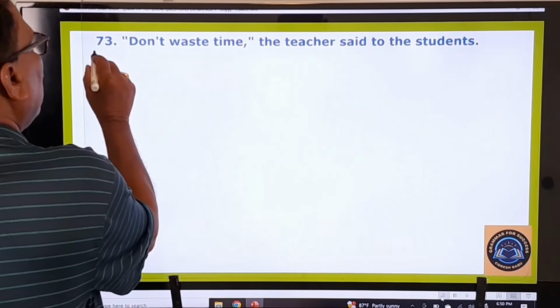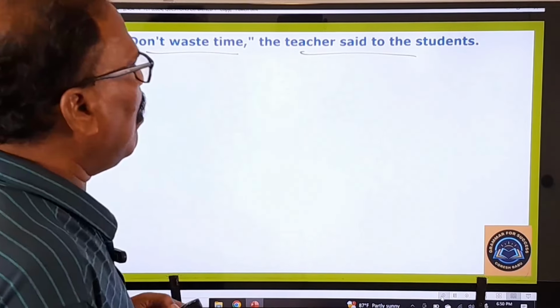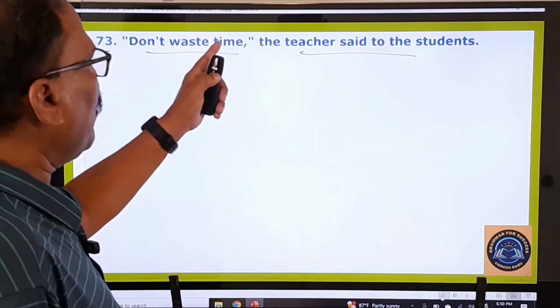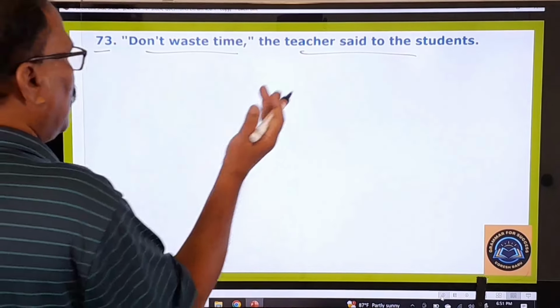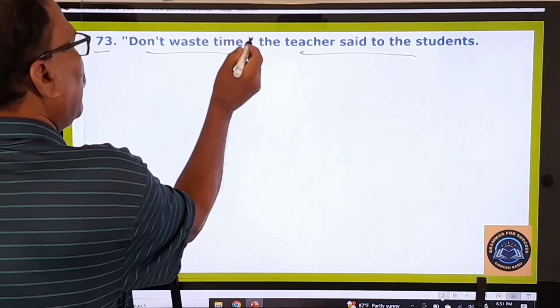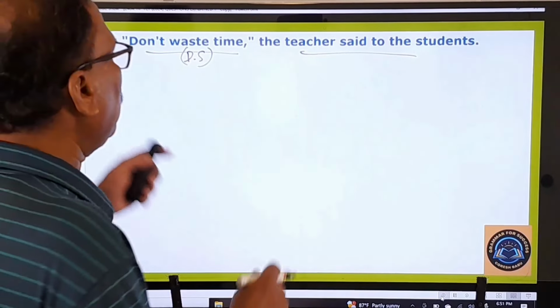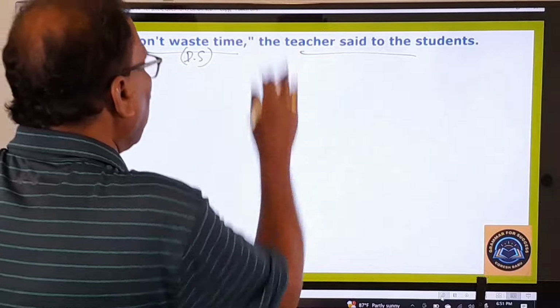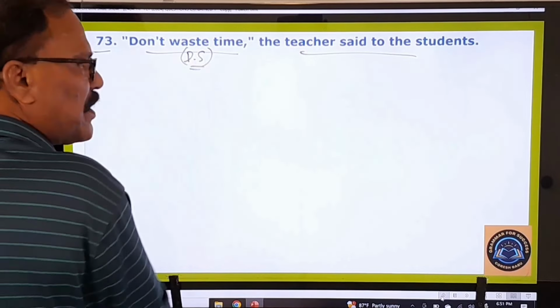You go to other questions. The 73rd one is there. "Don't waste time," the teacher said to the students. So here you pay attention. What is there in the direct speech? In the previous video also I made it clear: whatever the words, whatever the sentence in the inverted commas is called the direct speech.